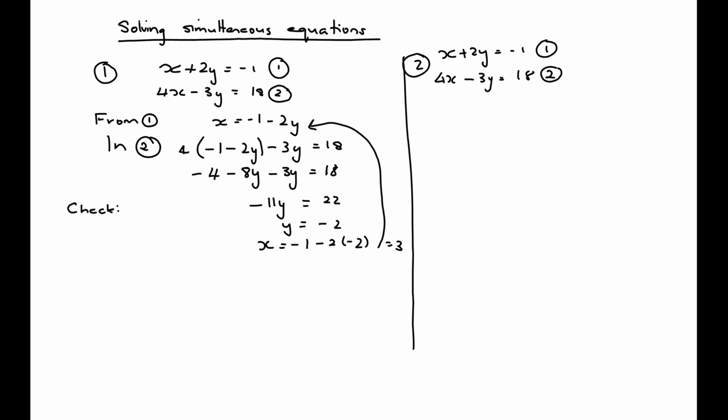Now if we multiply the first equation by 4, then we get 4x plus 8y equals -4. Give that a name, and then underneath it we're going to write equation 2.